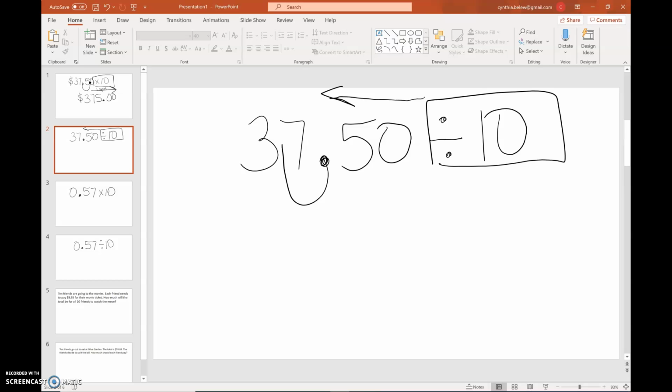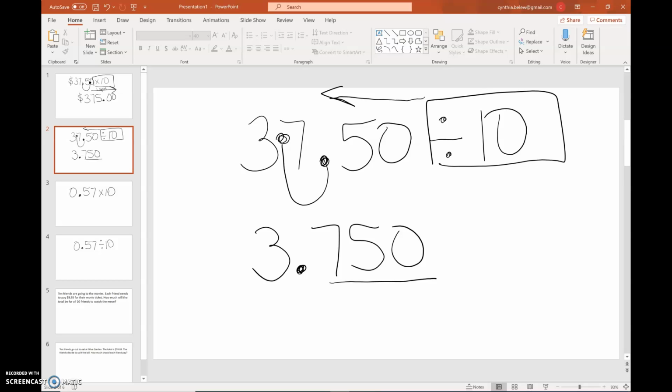It's 3 and 750 thousandths. 3.750. This is the tenths, the hundredths, the thousandths. 3 and 750 thousandths. Notice I really didn't have to do any math. I just slid the decimal over.